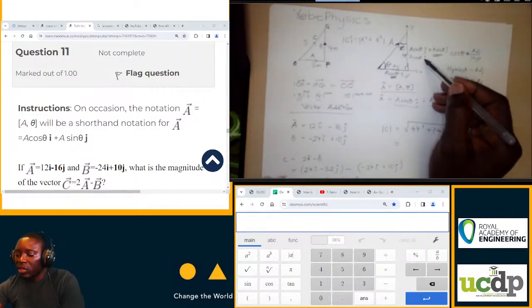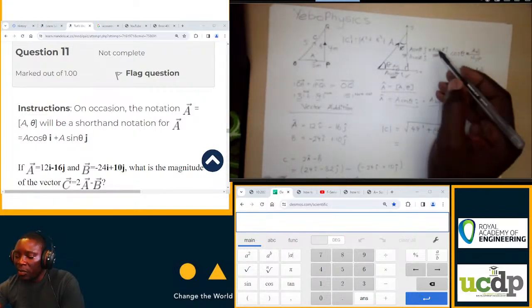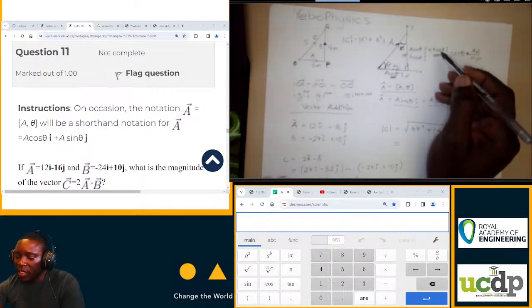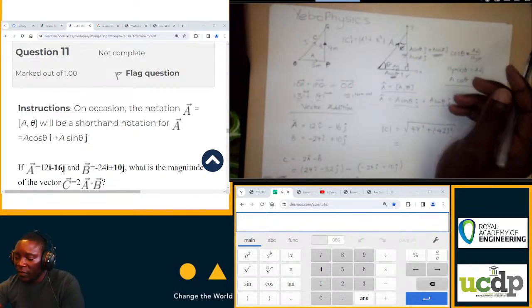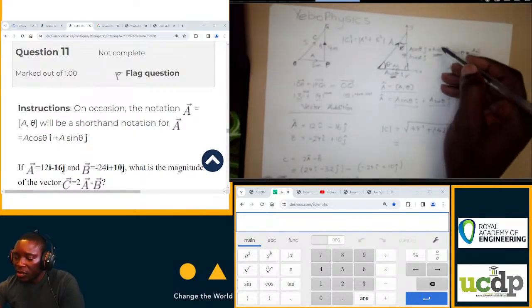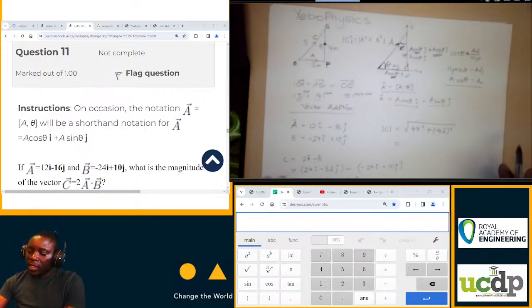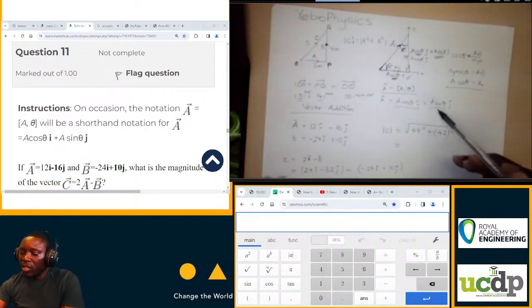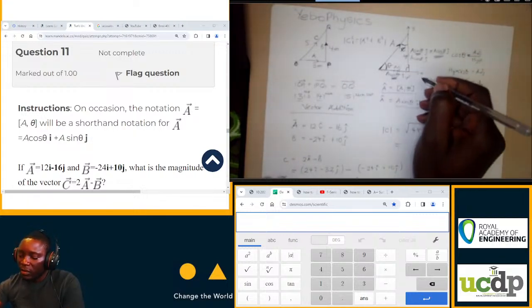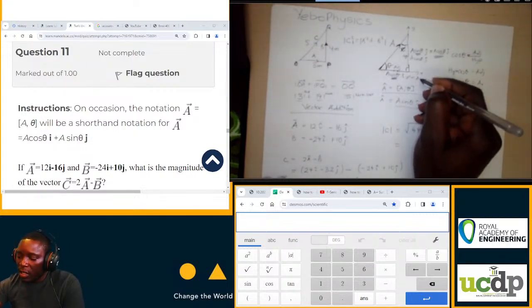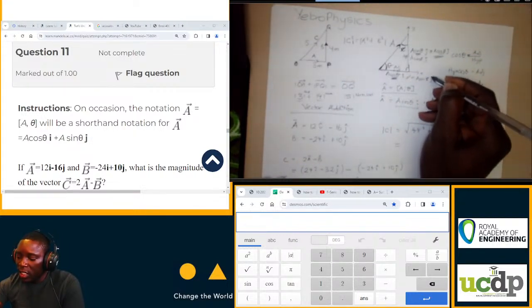So you have A cos phi in the j, and because phi is 90 minus theta, cos phi is equal to sin theta. So this cos phi and sin theta are equivalent. So the same would apply. The opposite one will be A sin phi in the j.